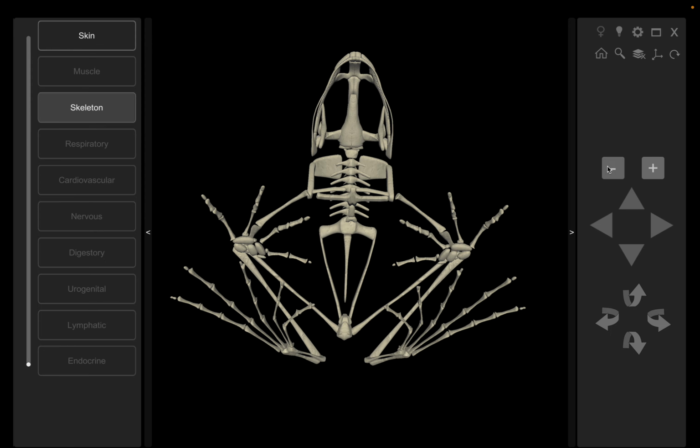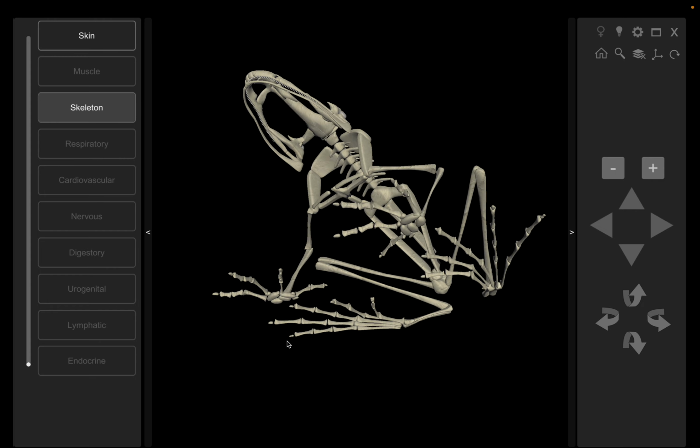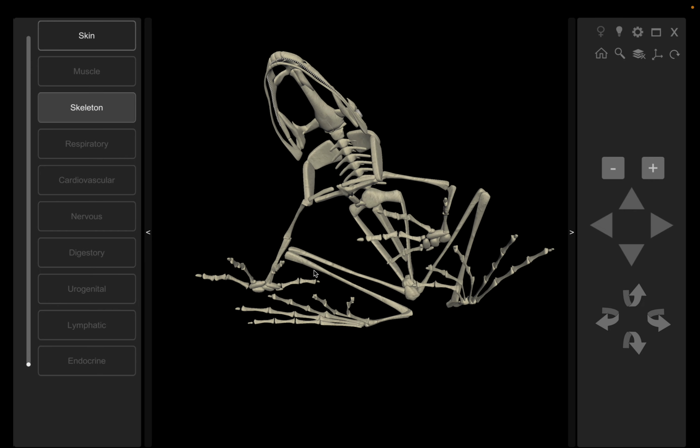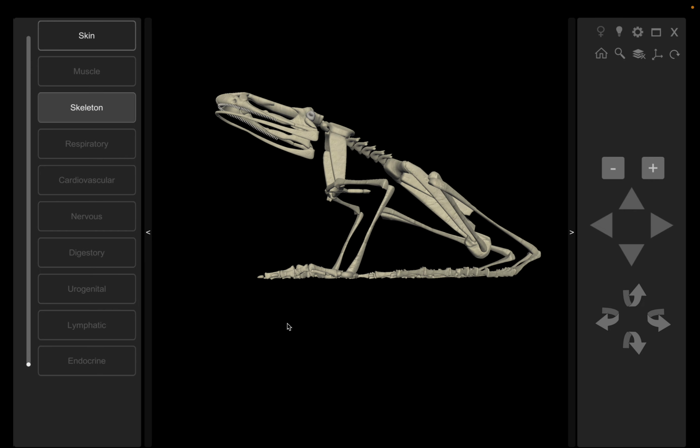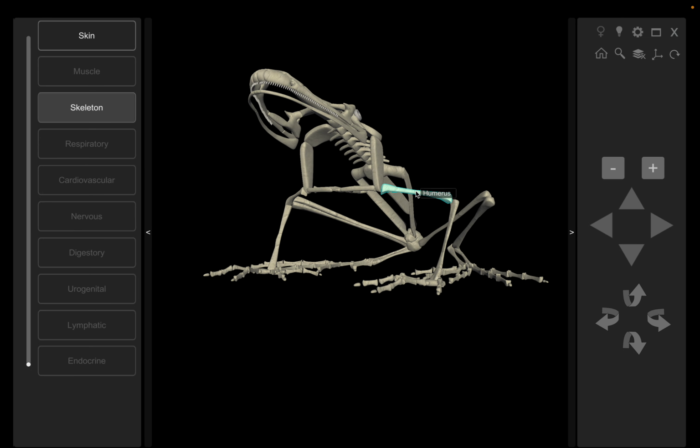Okay. Now, we will examine the bones of the appendicular system. This is going to be quite quick because the bones are not that many relative to our actual skeleton. For the forelimbs, we have the humerus, which is the most proximal bone of the forelimb. Then we have the radioulna, which is a fused bone. From its name, we can identify that there are two bones fused comprising this bone structure.